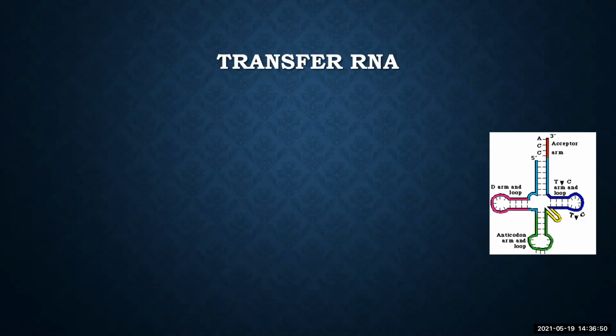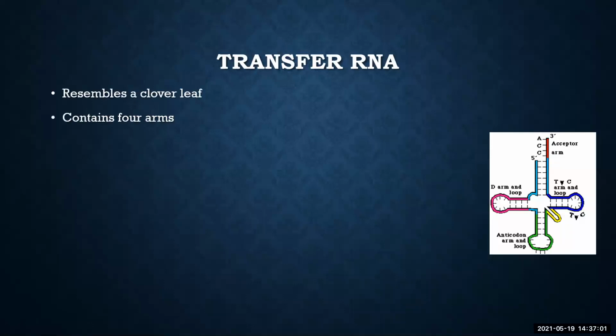You might get a question in your examination on transfer RNA, and you are supposed to explain the structure of that. It resembles a clover leaf. It contains 4 arms. You can see there is an acceptor arm, an anticodon arm, D arm, T5C arm. There is one more here, which is called the variable arm. We'll see each individually.